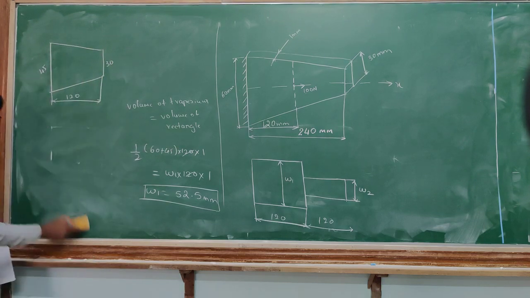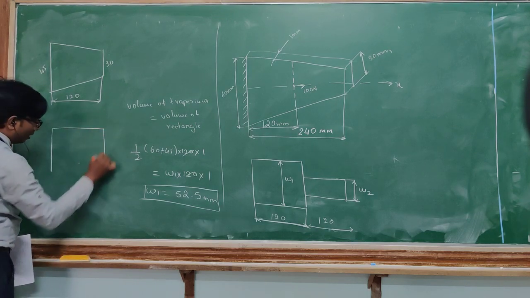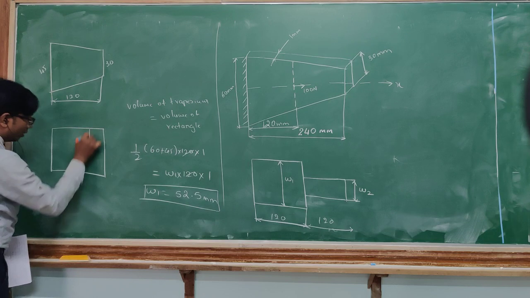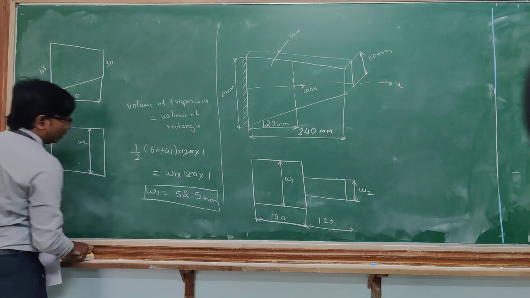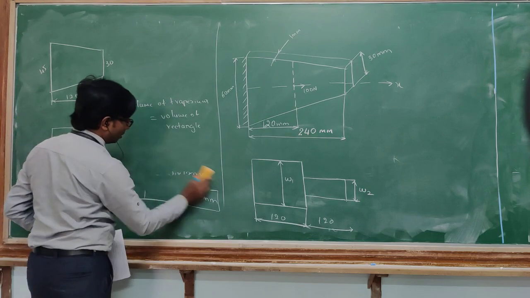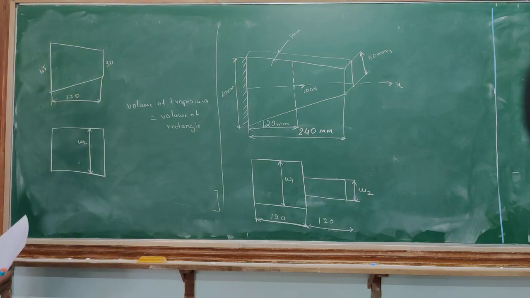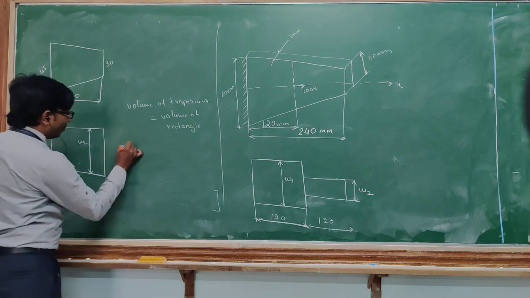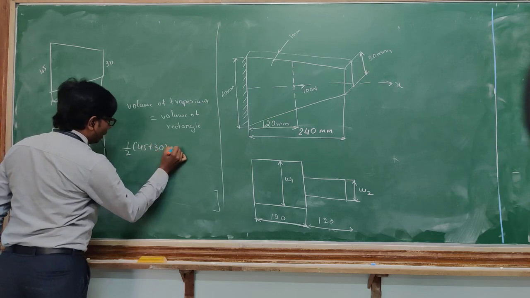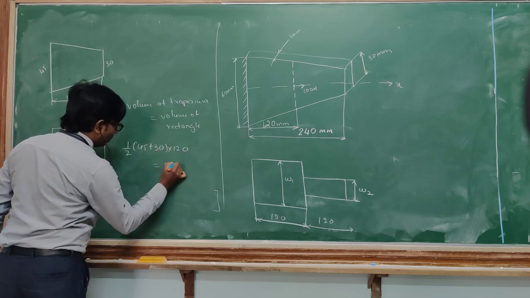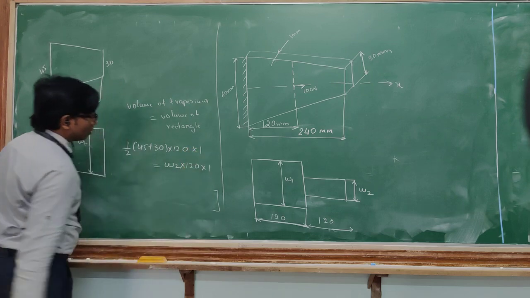The equivalent width I want will be W2. The same thing applies: the volume of the trapezium should equal the volume of the rectangle. So half into (45 plus 30) into 120 should be equal to W2 into 120 into 1. The thickness is also 1.